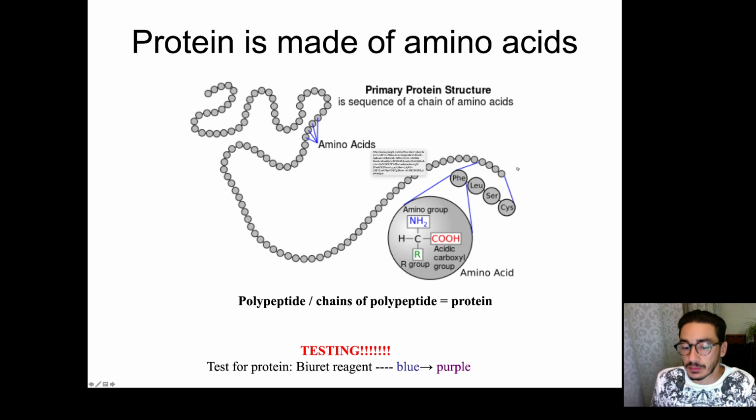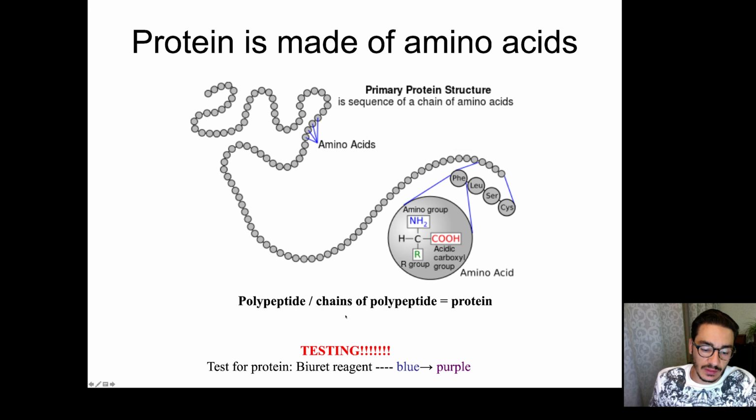And a peptide bond is where you have interactions between two different amino acids. Then you have a peptide, which is less than 50 amino acids. And then you have a polypeptide or protein, which has more than 50 amino acids.